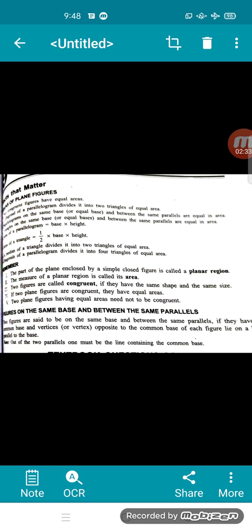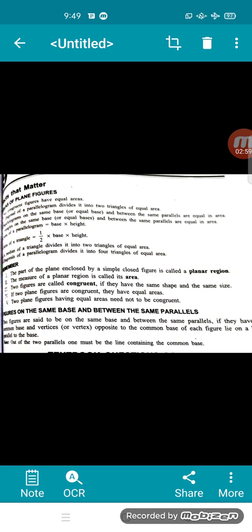Triangles on the same base and between the same parallels are equal in area. Area of a parallelogram is equal to base into height. Area of a triangle is equal to half into base into height. A median of a triangle divides it into two triangles of equal area. Diagonals of a parallelogram divide it into four triangles of equal area.